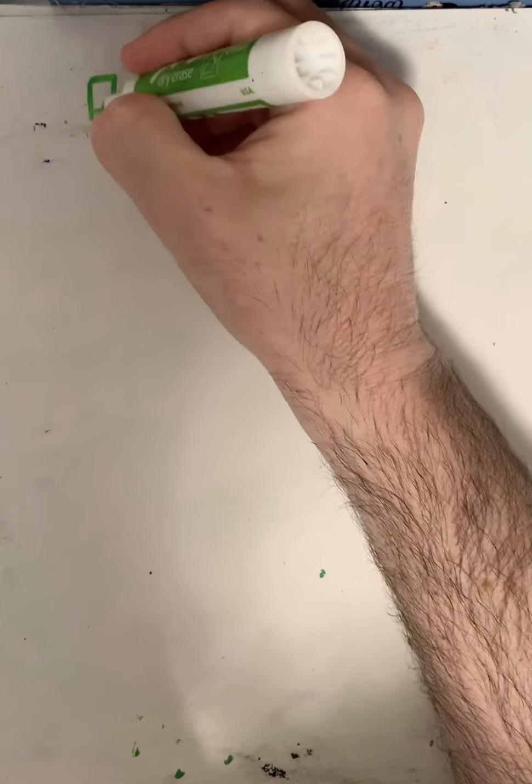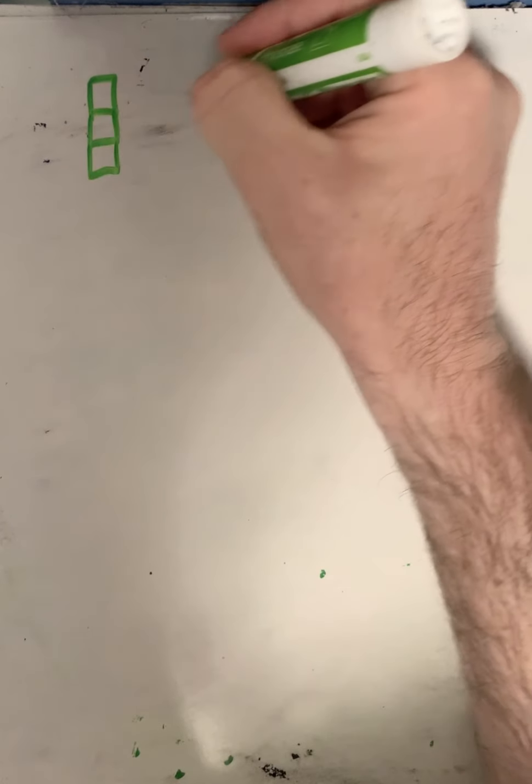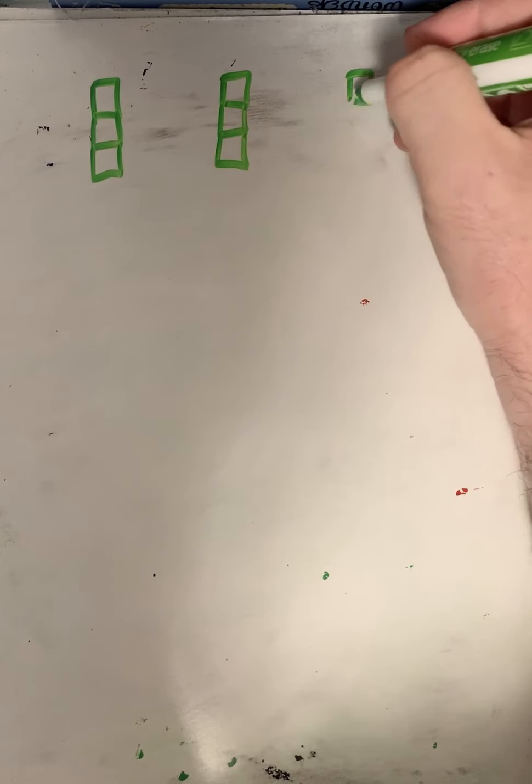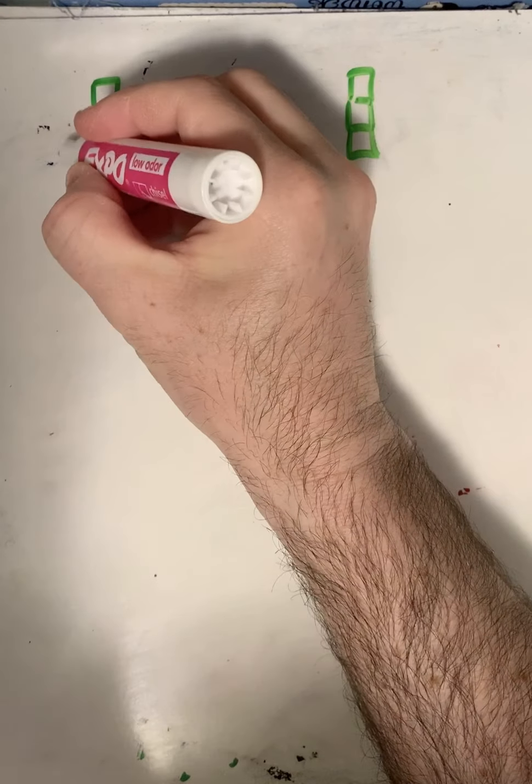So just to start us off with thinking about our knowledge area, I want to draw out a geometric shape. So I'm going to draw this, and these are all going to be green. And then I'm going to just do this on the side.